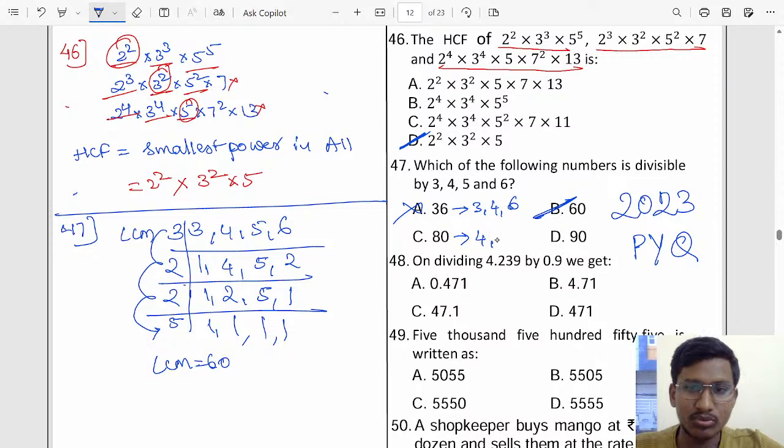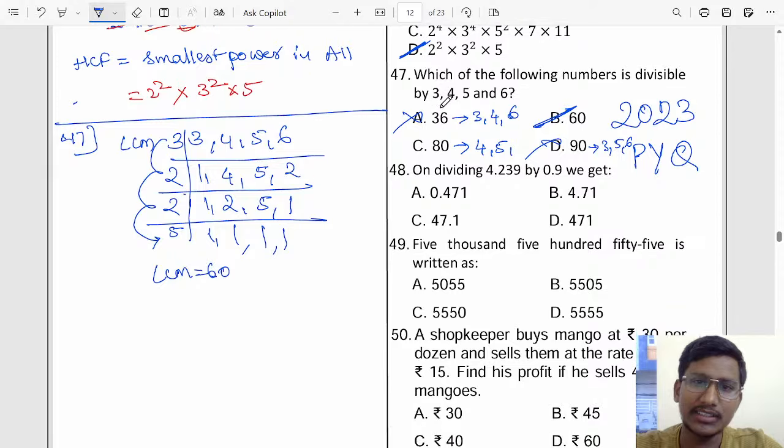It will be divisible by 4, 5 and then not with 6 also, not 3 means not 6 also. So 90 will be divisible by which? That is here 3 and then 5, okay, but not with 4, and 6 also it will be divisible. So that is why not the answer. So you can go with options and identify which is not divisible, so that you can eliminate and then get the answer.